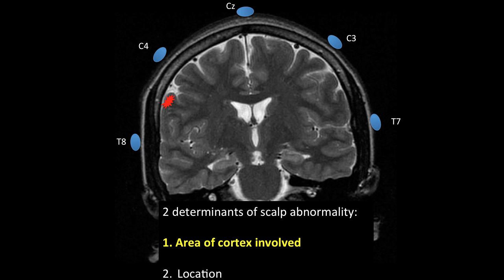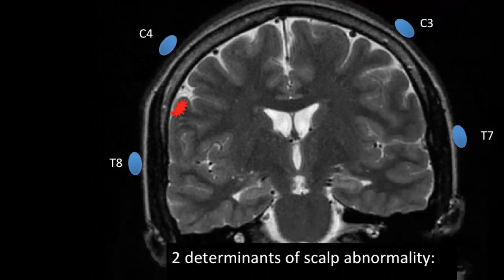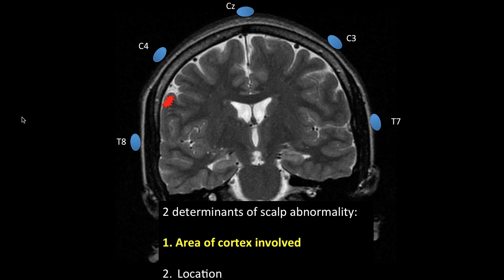If there are focal synchronous abnormal neuronal discharges, which would normally generate interictal epileptiform activity, but it involves only a small area, as demonstrated by this red star, then this may not be seen by the overlying scalp EEG recording, whereas a larger area of cortex involved might be easily seen on scalp EEG.